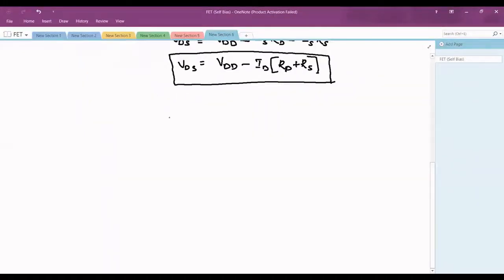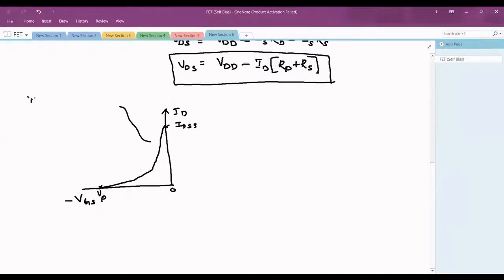If you draw the transfer characteristics of the FET, this is our pinch-off voltage obtained from Shockley's equation, that is ID equal to IDSS into (1 minus VGS by VP) the whole square.